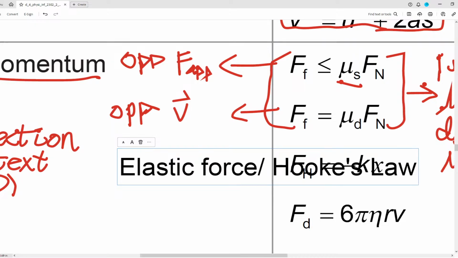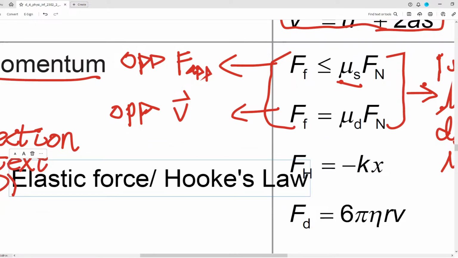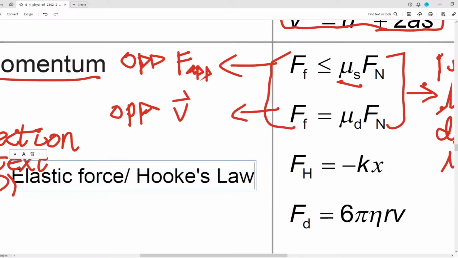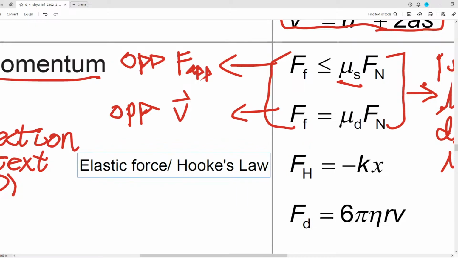Hooke's law applies specifically to springs. Here F_H is the spring force, sometimes called elastic force from the spring, and k is what we call the spring constant.